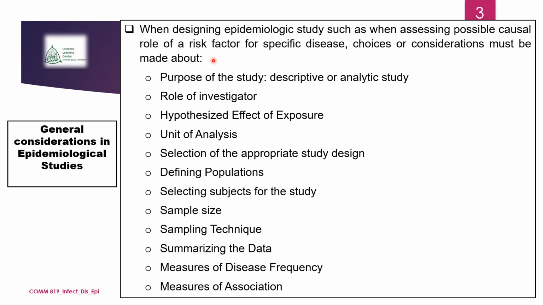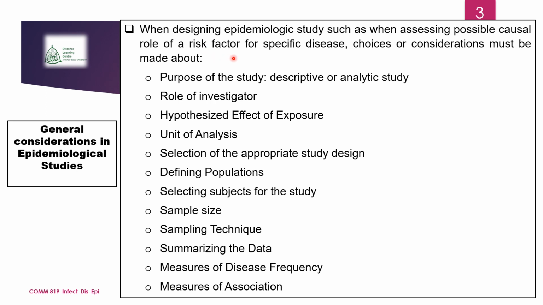You don't just go into the field and begin to say, I'm here to investigate an outbreak. Understand? You need to make a prior planning. So there are certain considerations that you need to look at, very, very important.